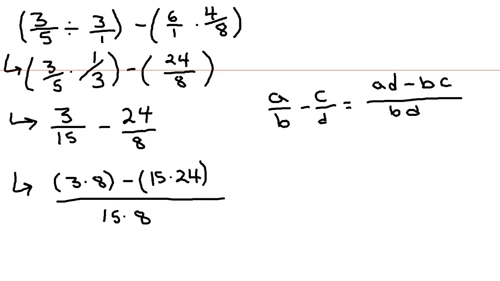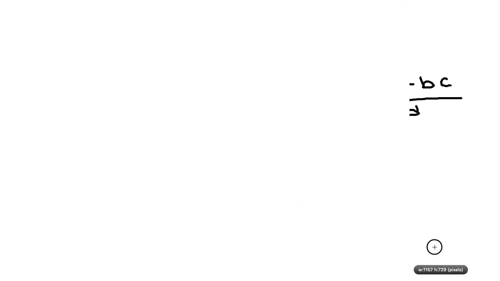All right, let me clear this really quick. Once you solve that out, you should get 24, because 6 times 8 is 24, minus 15 times 24, which is 360, and we're going to put that over 15 times 8, which comes out to be 120.